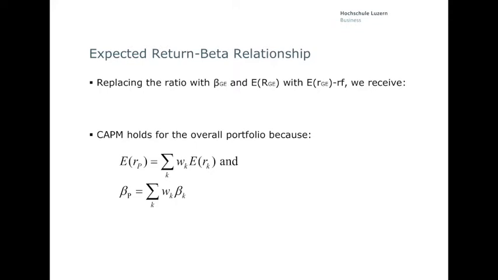Writing out the CAPM for each stock and multiplying each equation by the weight of the stock in the portfolio, we obtain the expected return on the portfolio and the portfolio beta.